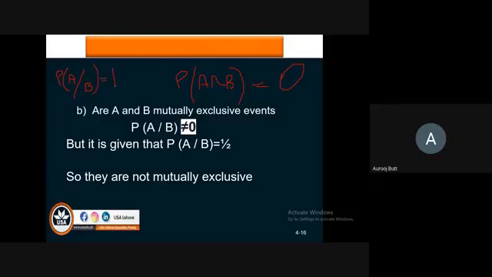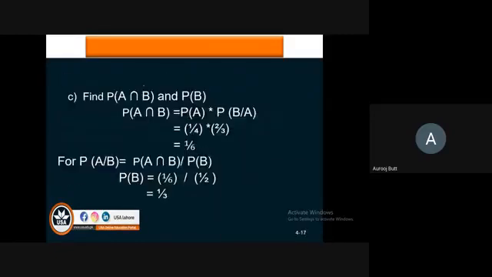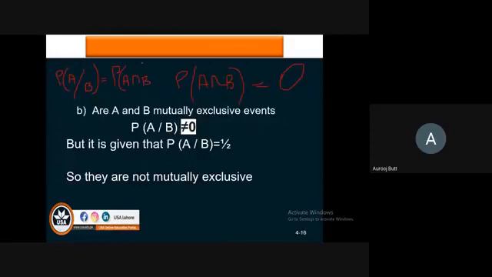That is equal to probability A intersection B divided by probability of an event B. Whereas according to the given question, we have probability A given B is equal to 1 by 2. So that means we have the concept of mutually exclusive events, that probability A intersection B is equal to 0 when events are mutually exclusive.